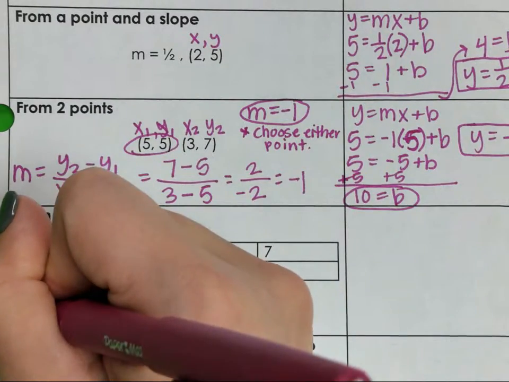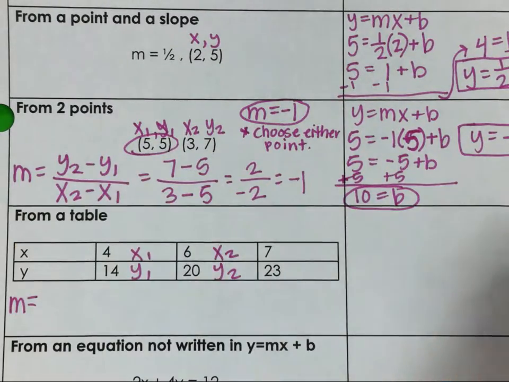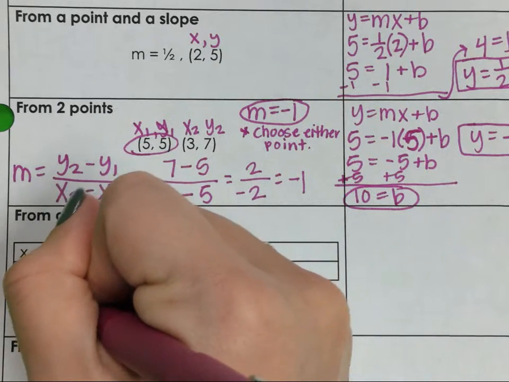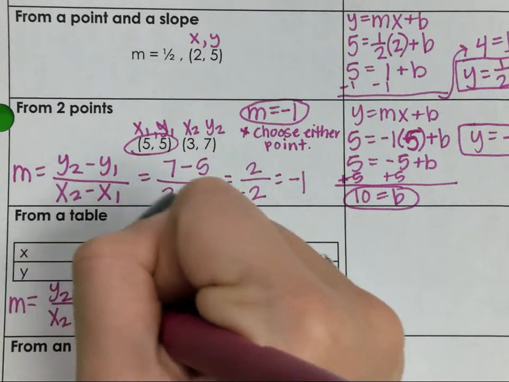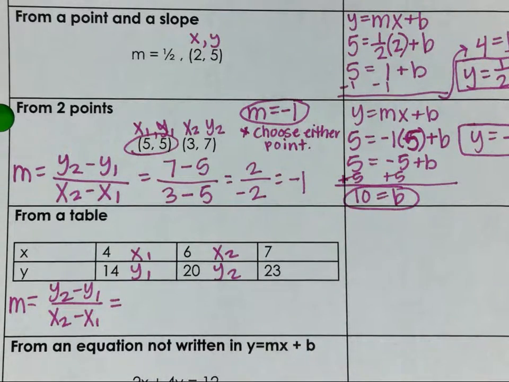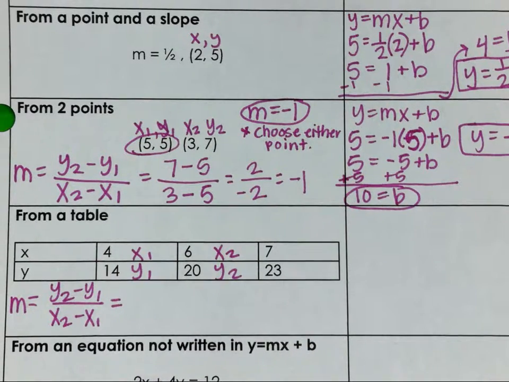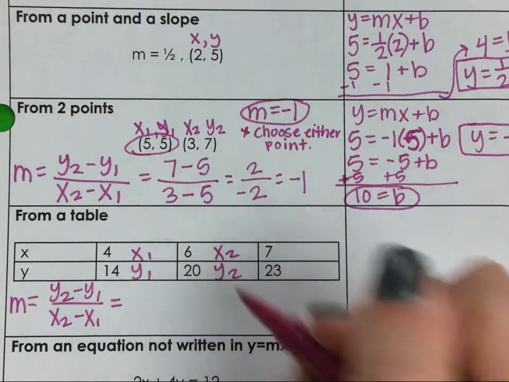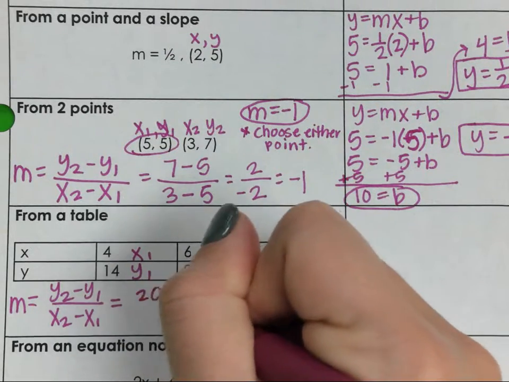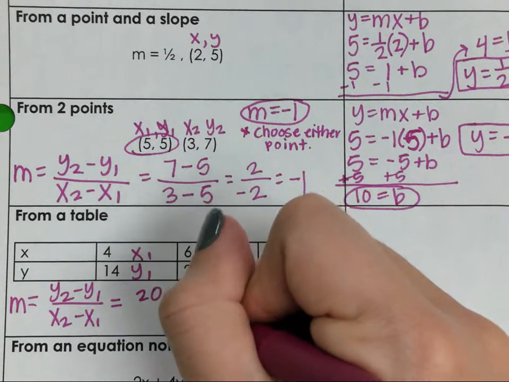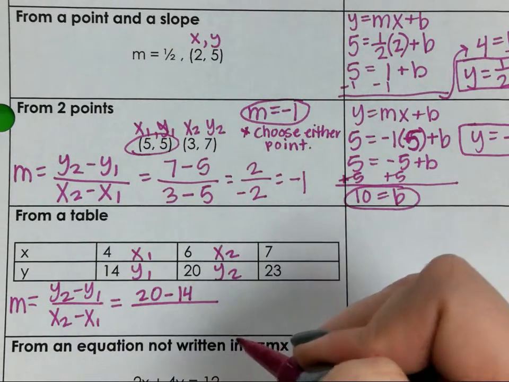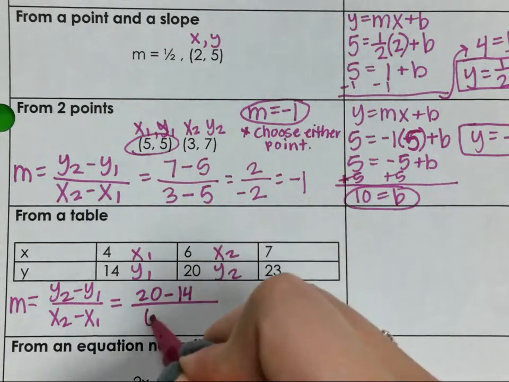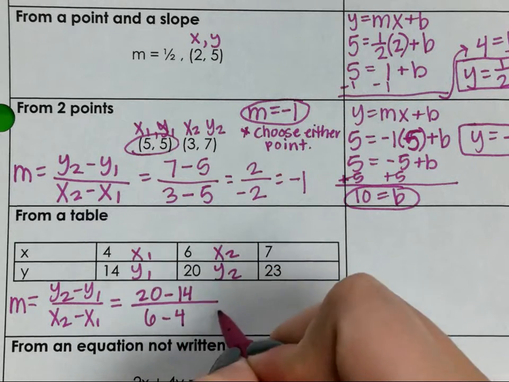All right, so let's find our slope. Remember, m equals y2 minus y1 over x2 minus x1. And then plug in those numbers. So y2 is 20. y1 is 14. So 20 minus 14 over x2, which is 6, minus x1, which is 4.